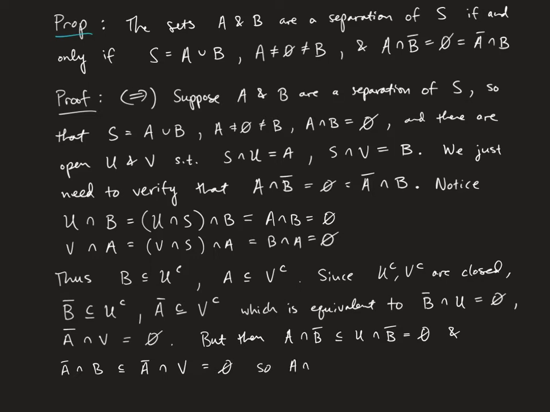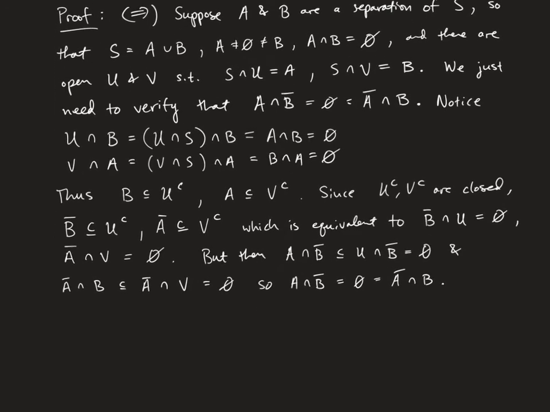So A intersect B closure equals the empty set, and A closure intersect B is the empty set. And so that shows that the required condition holds. Okay, so that's the proof in one direction.